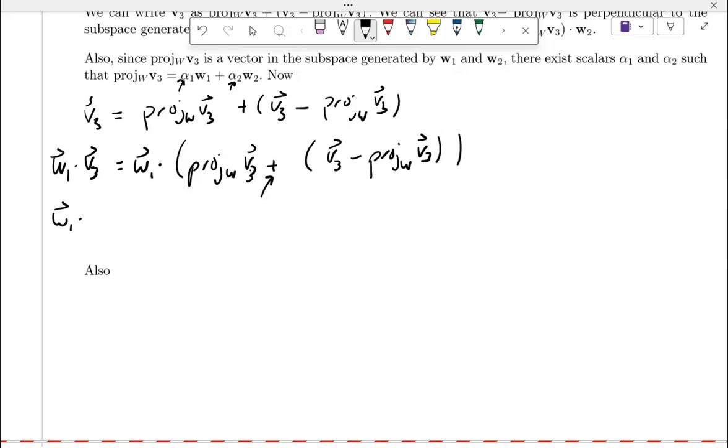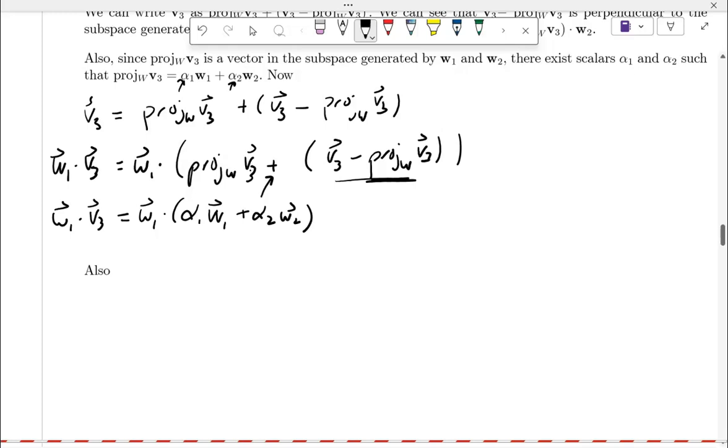So let me replace it that way. And we already said that this inner product will be 0 when we distribute.